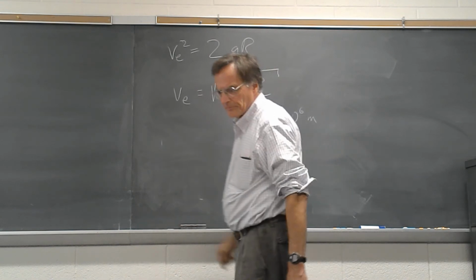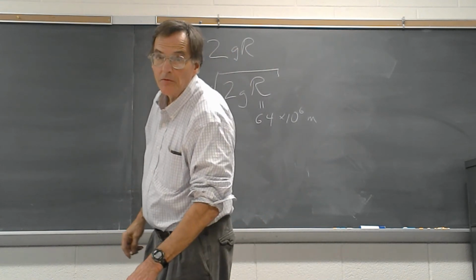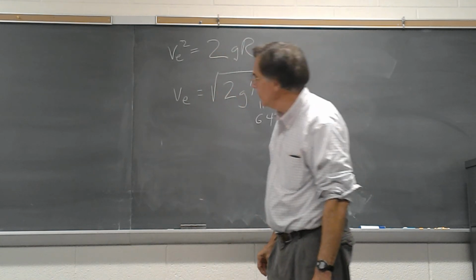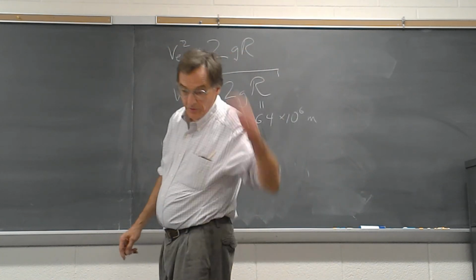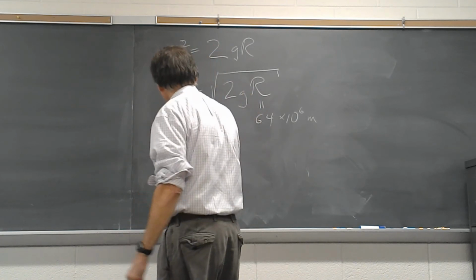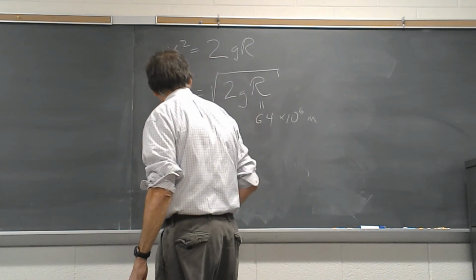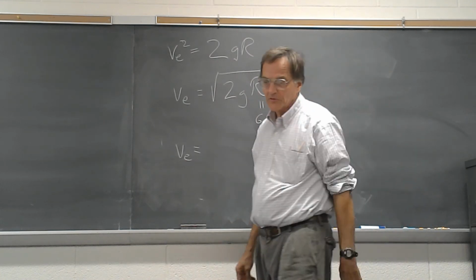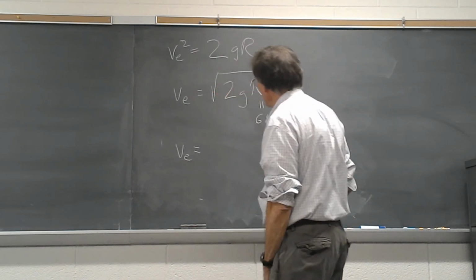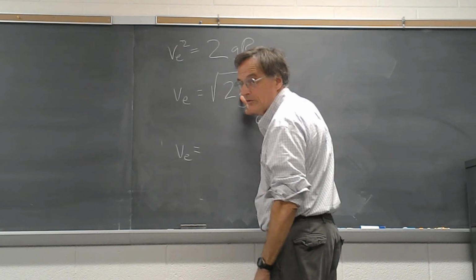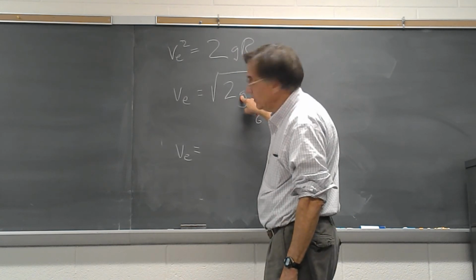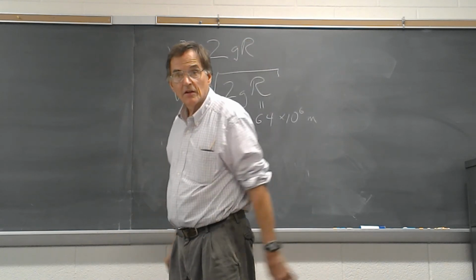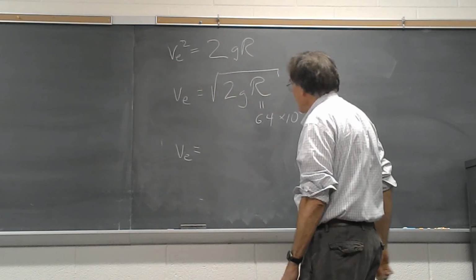It also happens to be 4,000 miles, which is why I got introduced to it in the first place. And then I can just substitute in here for VE, and when you plug in the numbers, remember, little g is 9.8 meters per second squared, and the units are looking good, because I'm going to have distance squared divided by second squared, but I take the square root, so that's a velocity, or speed, I should say.